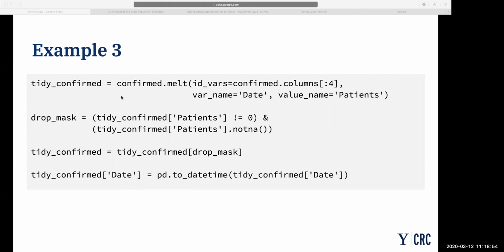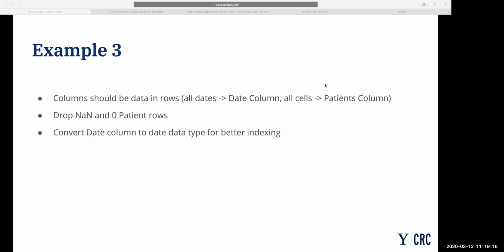So the first thing I do here is call the pandas melt function. And what melt wants to know is what are the columns that it calls ID variables, or the things that you want to keep as columns, and so I'm just taking the first 4 here.